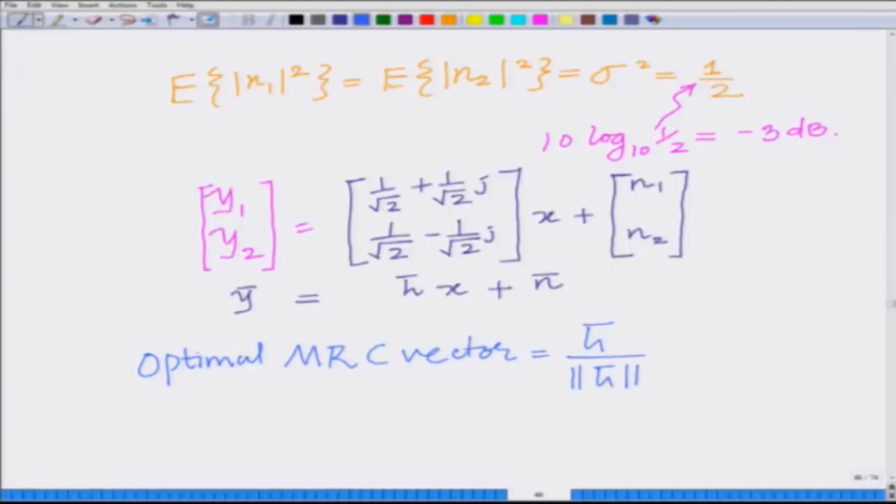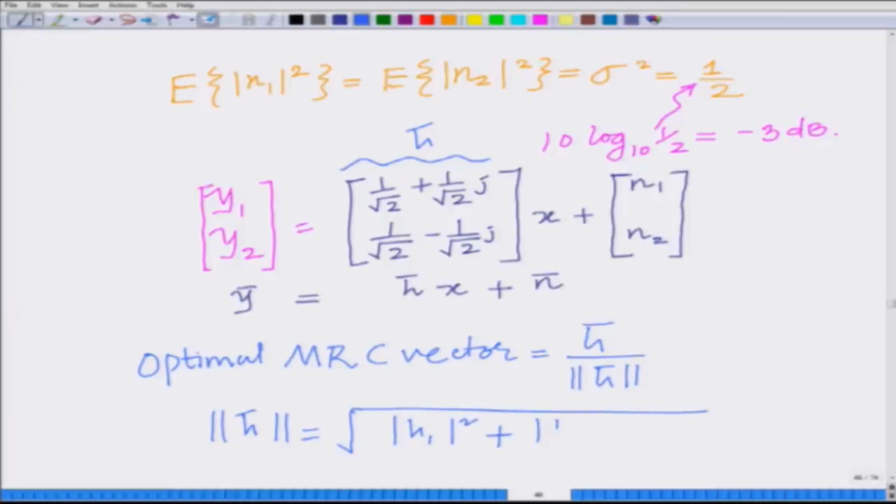Now, we have seen our vector h bar, and we know that the norm of vector h bar equals square root of magnitude h1 square plus magnitude h2 square.